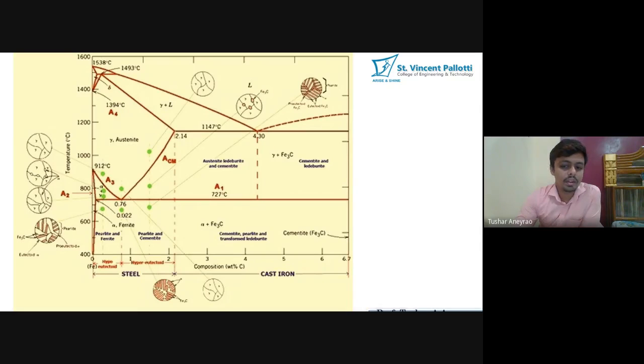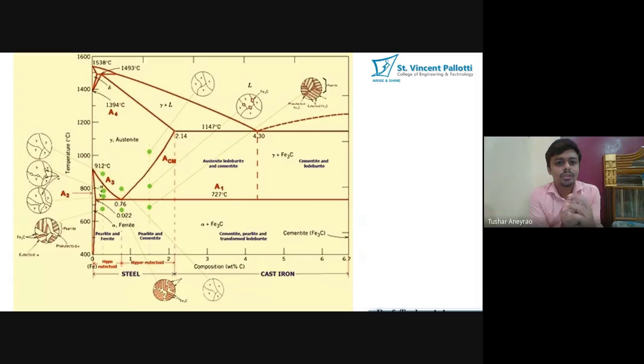So if anyone is aware about this, how these phases are present beyond their intended composition in the iron carbon diagram, what is the mechanism behind their presence? It is a fact that they are present, because the iron carbon diagram is saying so. And this iron carbon diagram is created by numerous experimentations by many scientists through various iterations.